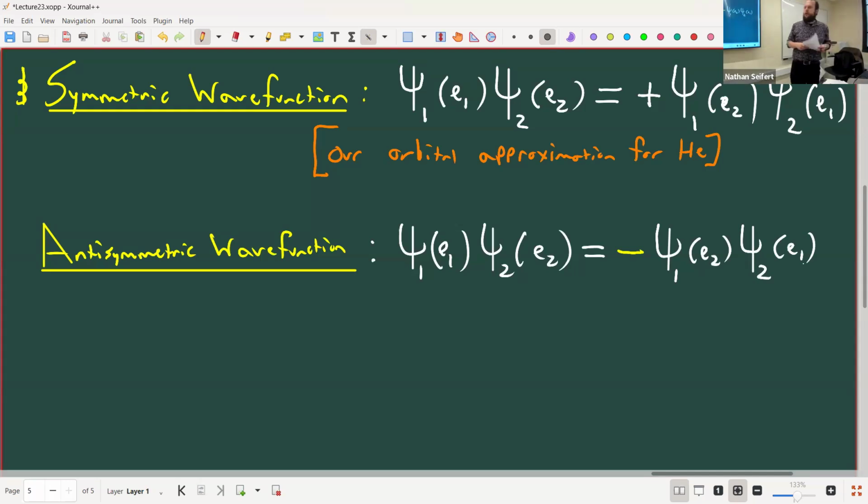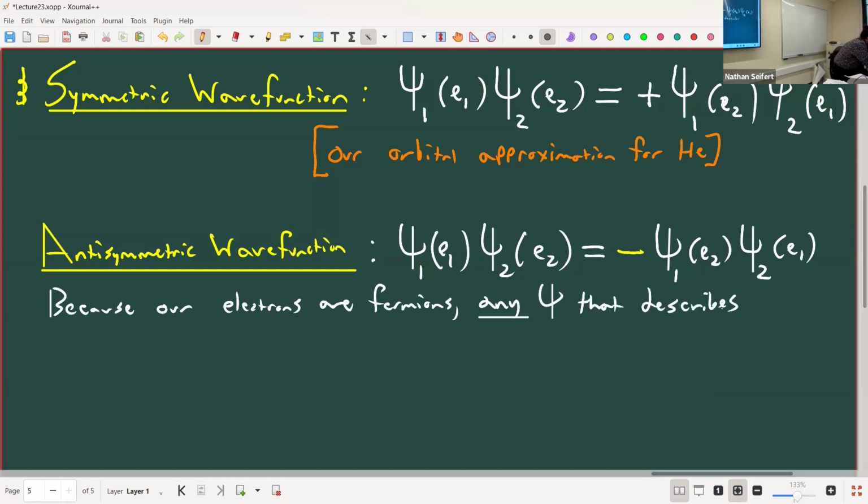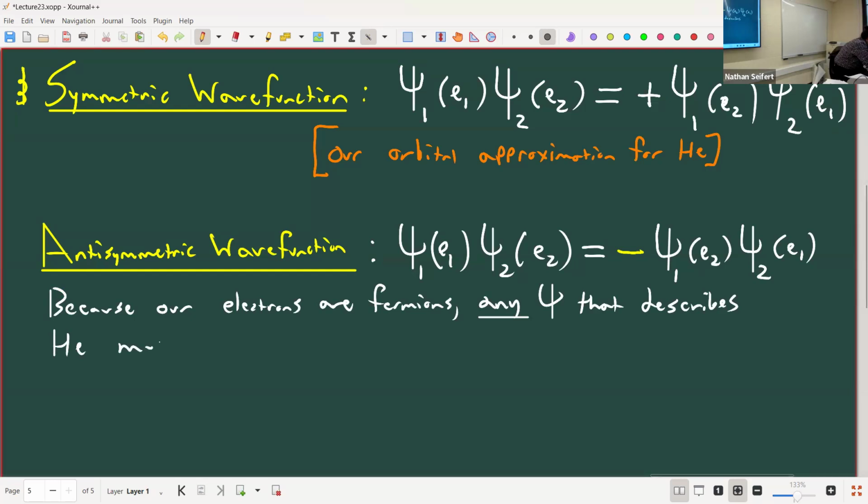All electronic wave functions have to satisfy this. Because electrons are fermions, any psi that describes helium must satisfy antisymmetry.